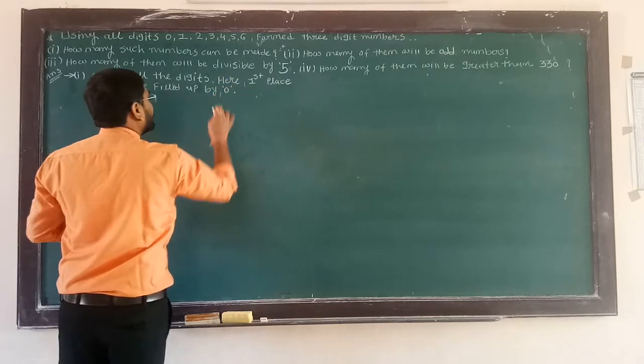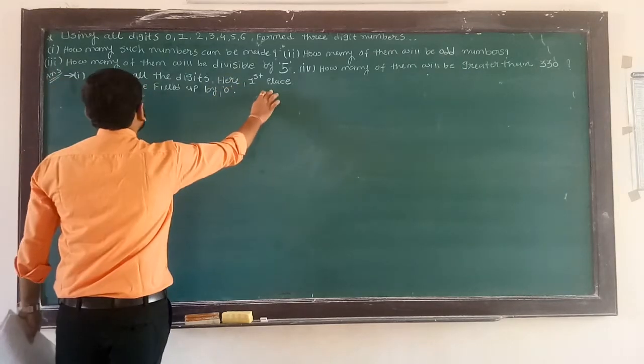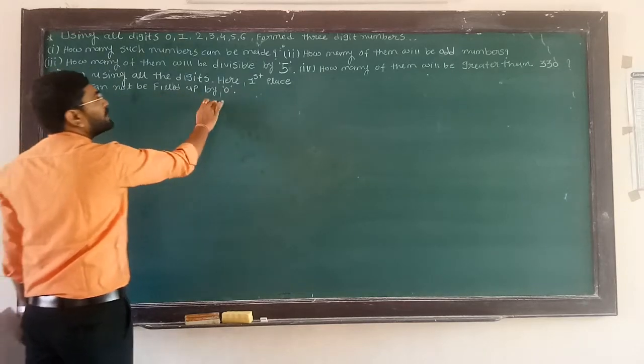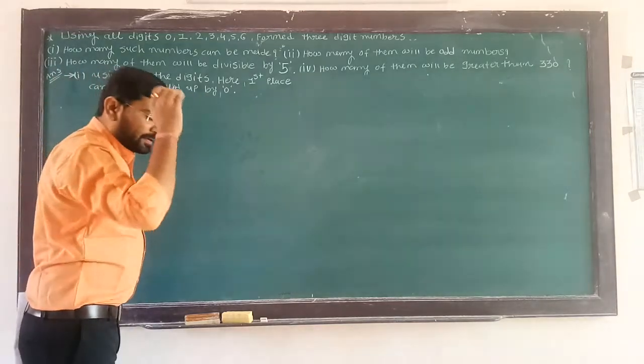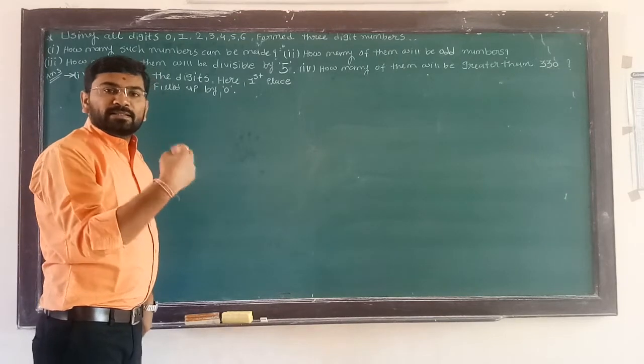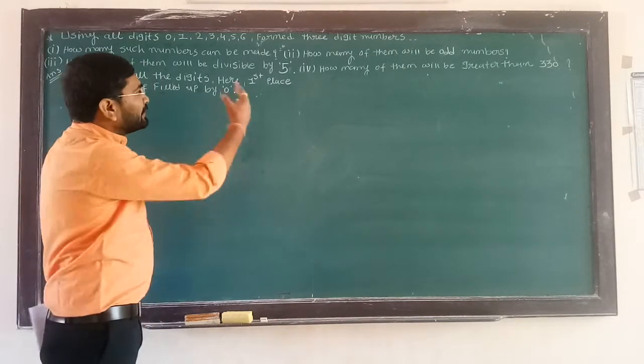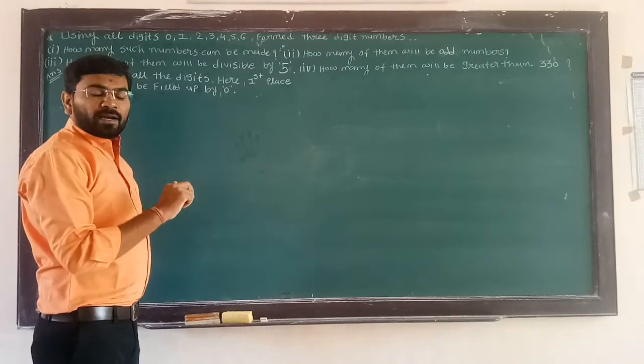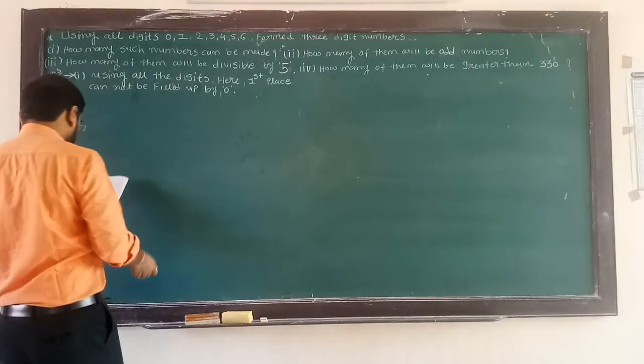See the students, here it clearly says the first place cannot be filled up by 0. If we put 0 in the first place, then we can get only 2 digit numbers, but we need to find 3 digit numbers. So the first place cannot be put with 0.